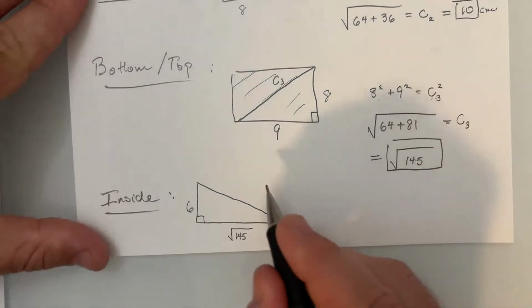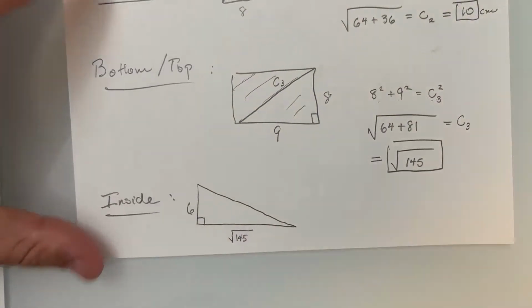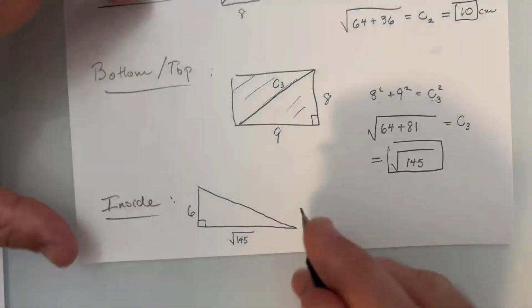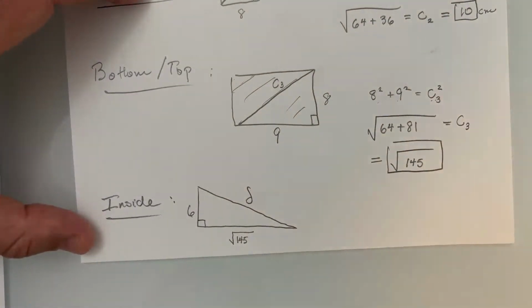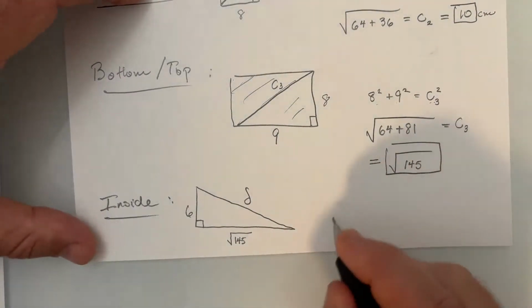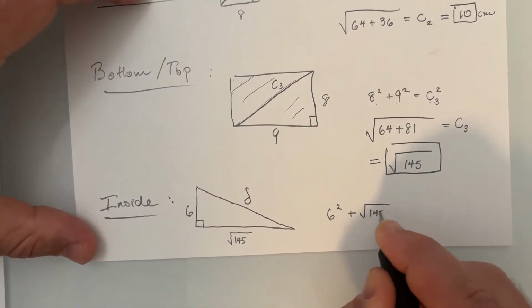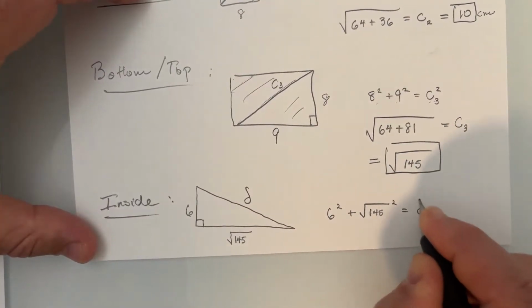All right. So this, let's see, what did I call this in the key? B1. I don't know, I'll call it D here. So we have 6 squared plus root 145 squared is equal to d squared.